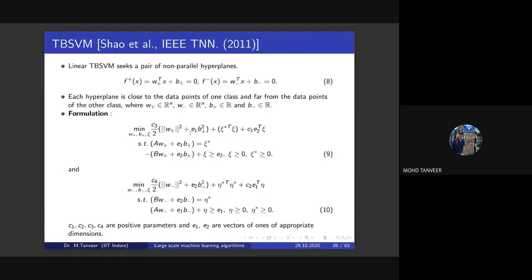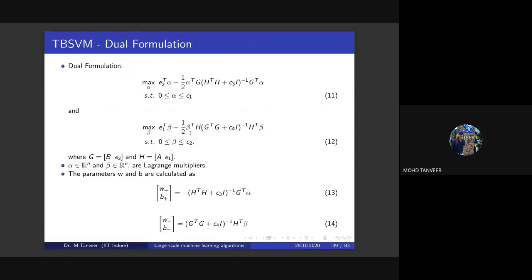If you see equations 9 and 10, the essential difference is only in the first term of both 9 and 10. The rest are the same. But by doing this, you can see in 11 and 12, the dual formulation is theoretically better, theoretically more advanced.